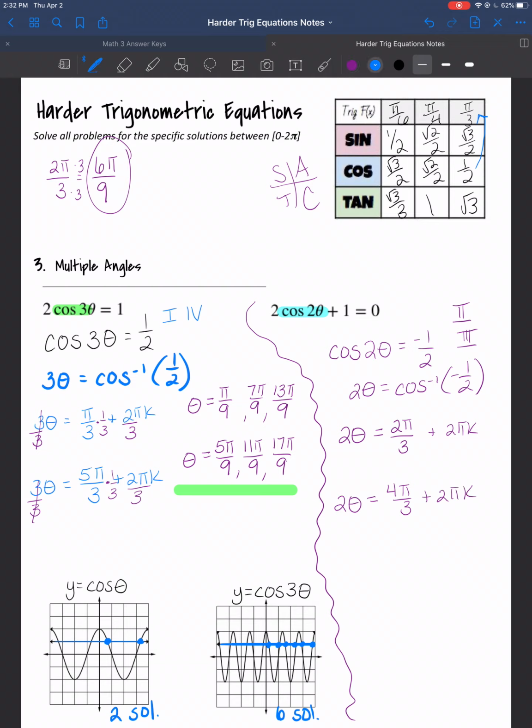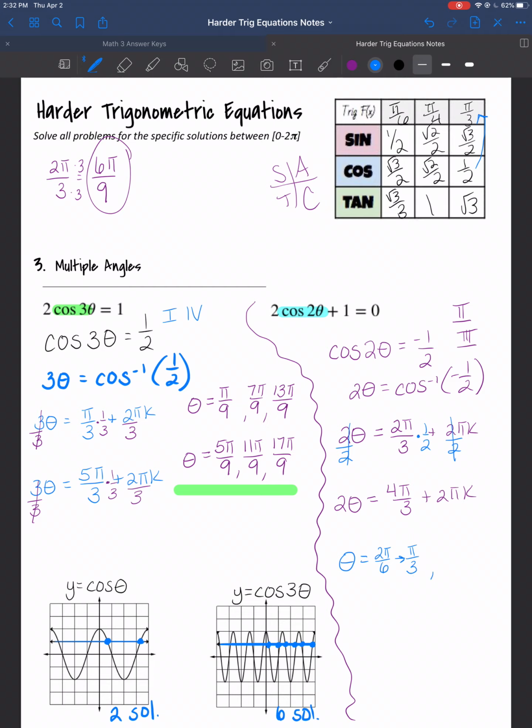Now we solve for theta by dividing by 2, which is the same thing as multiplying by a half, divide by 2. So, first answer would be 2 pi over 3 times a half, which is 2 pi over 6, which reduces to pi over 3.